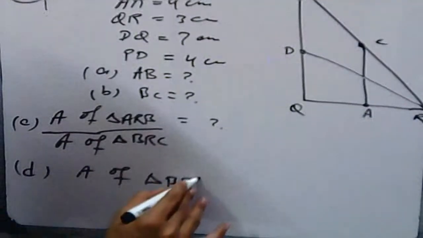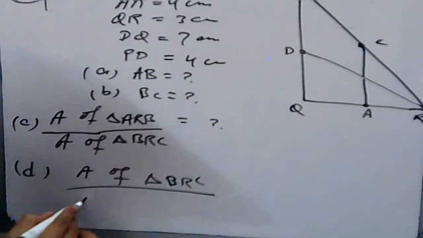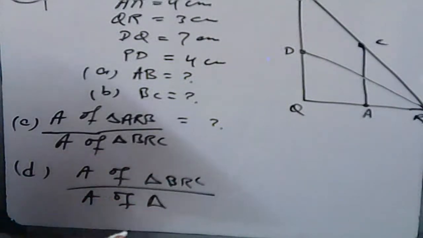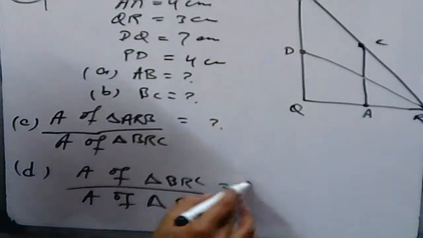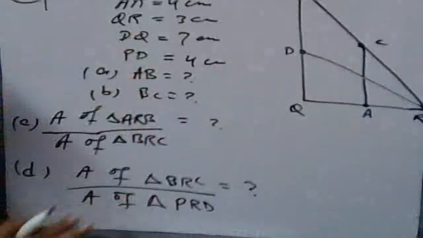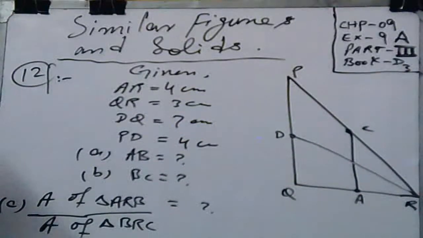This one is your C part. Now in D part we have to find area of triangle BRC to the area of triangle PRD. So we have to find 4 things in this question.